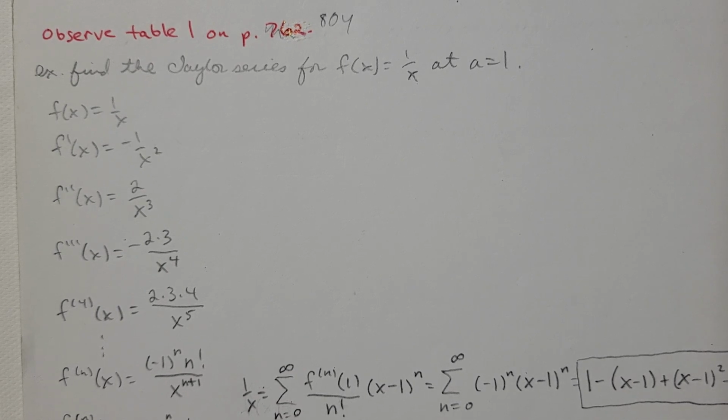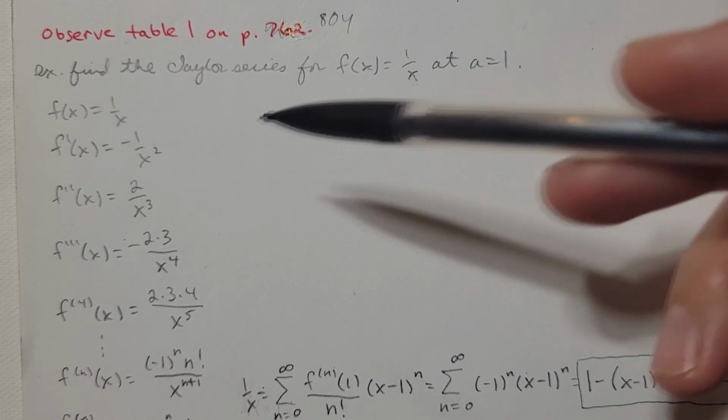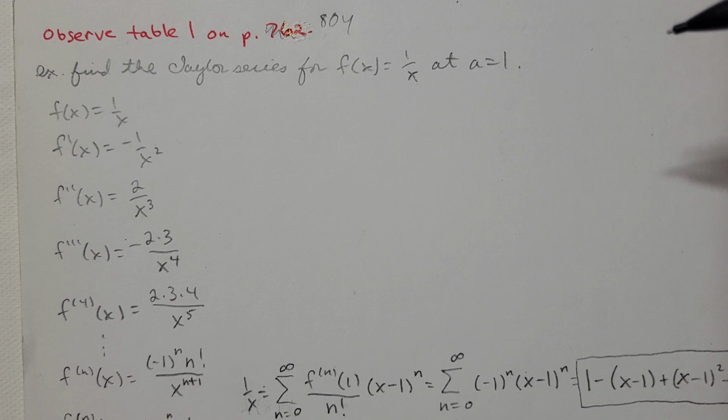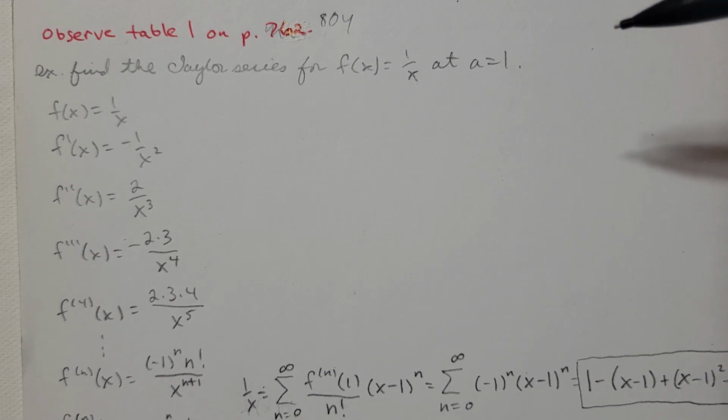So f of x is 1 over x. F prime of x, so I'll find the derivatives here first. Well, let's see, 1 over x, that's the same as x to the negative first power, right? So then negative x to the negative second power, or negative 1 over x squared, would be the first derivative.